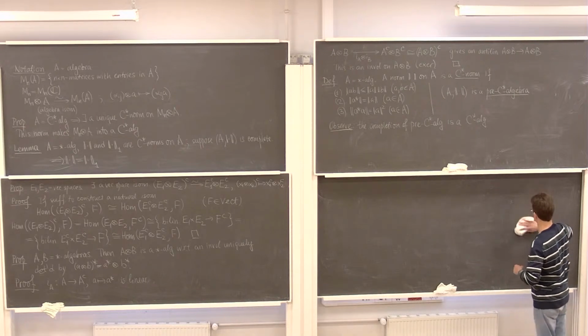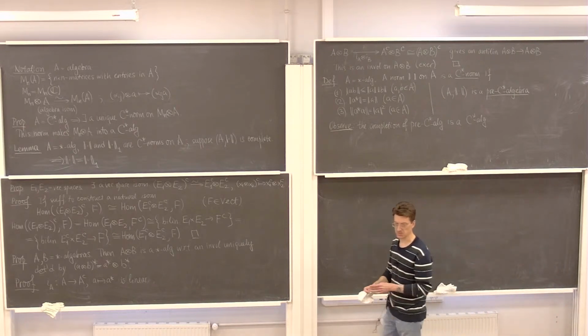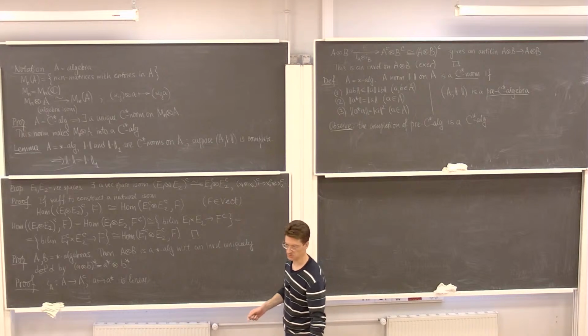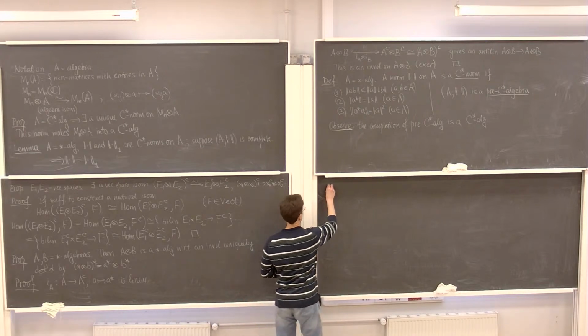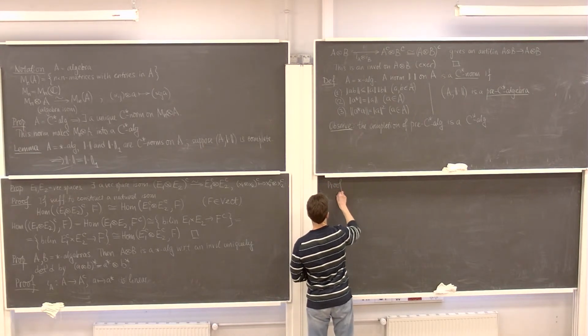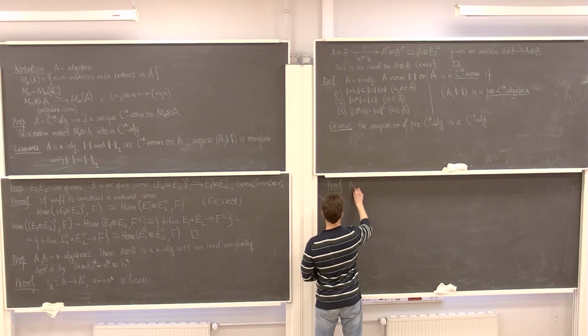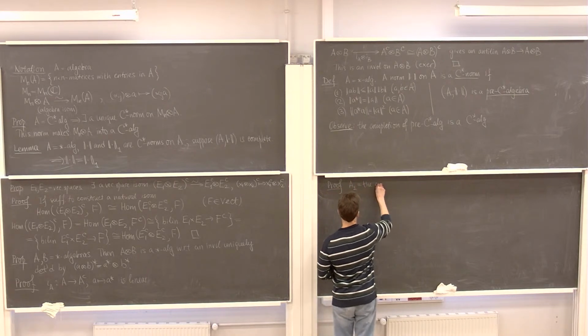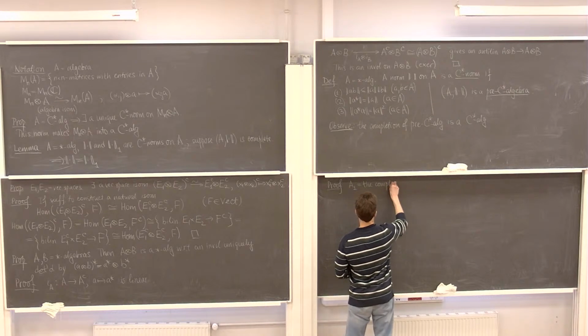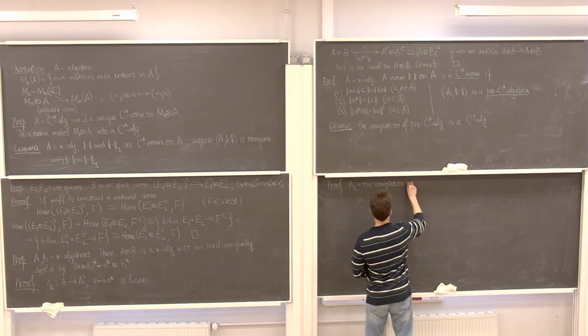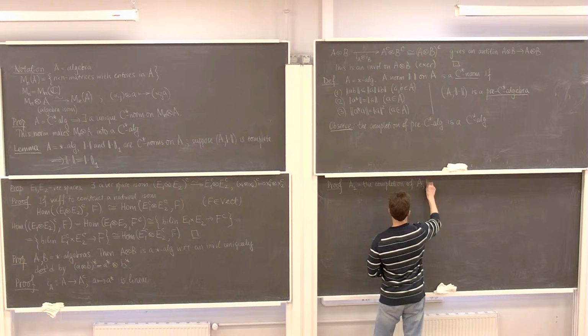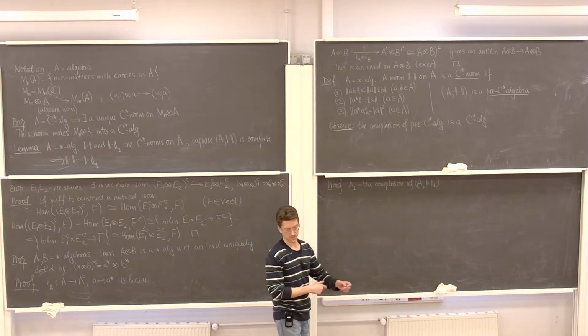To prove the lemma, let's consider the completion of A with respect to the second norm. Let's denote by A1 the completion of A with respect to the second norm. So it is a C-star algebra.